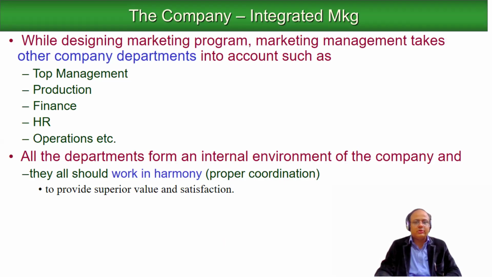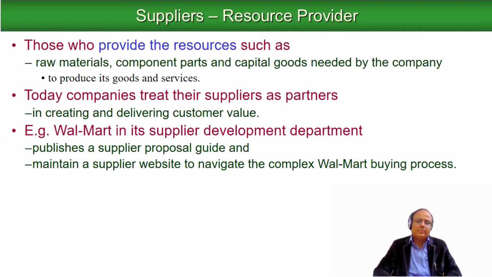Then comes the supplier, who is the resource provider, and the resources such as raw material, component parts, capital goods are needed by the company to produce the finished products and services. So today, companies treat suppliers as partners, and these partners help us in creating and delivering customer value.